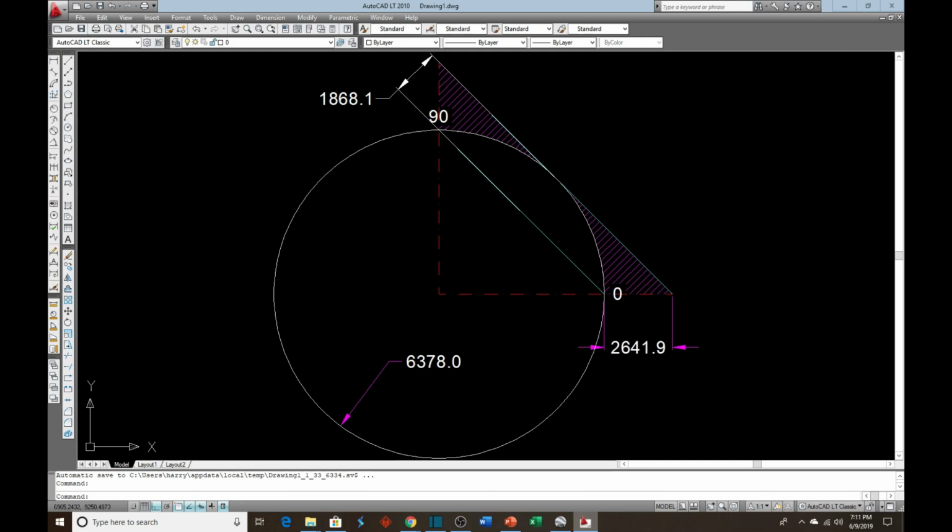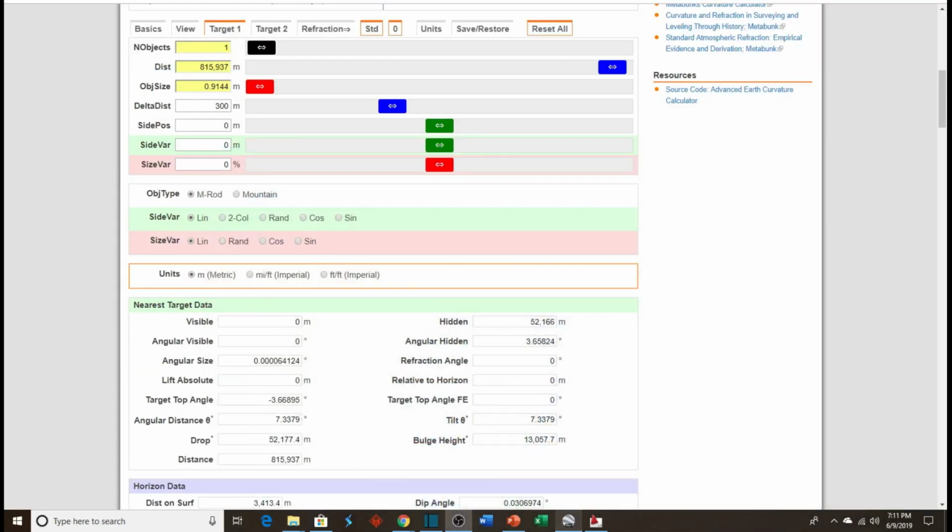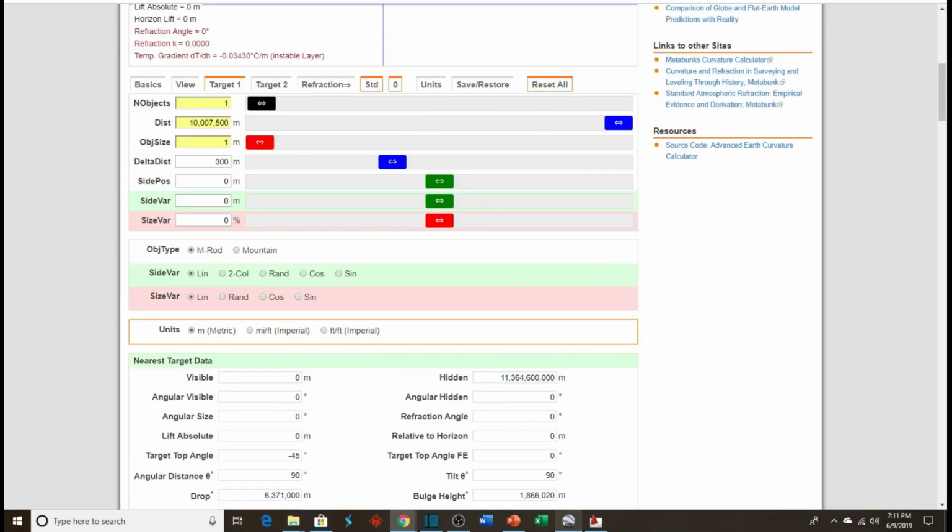Now, how does that compare with, well, let's say, a curve calculator? Well, here we go. That distance is a quarter of the circumference of the earth.